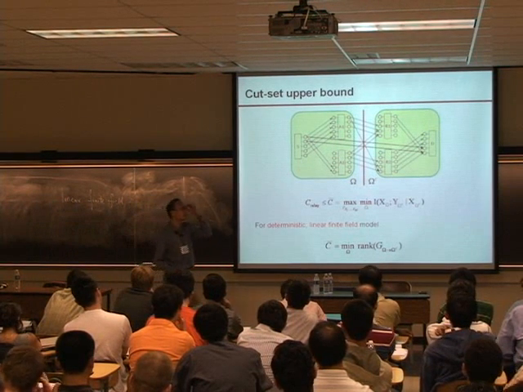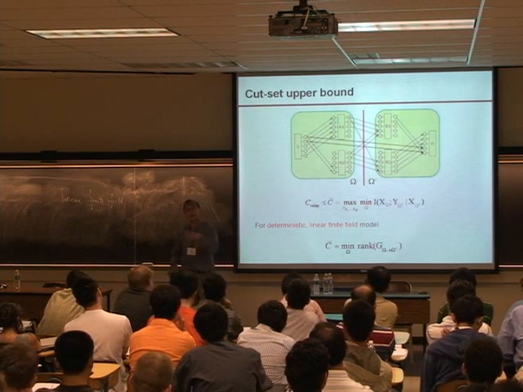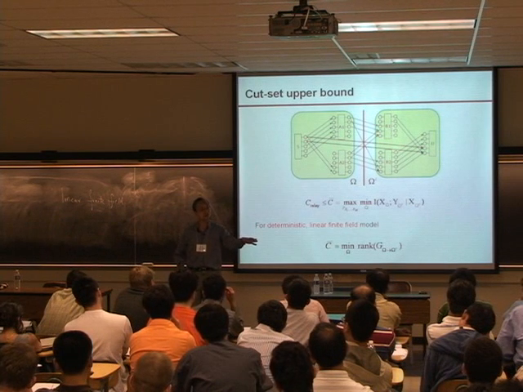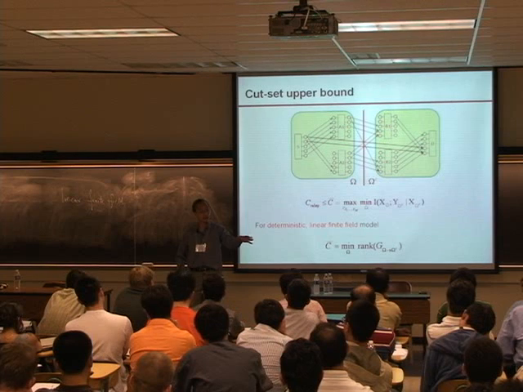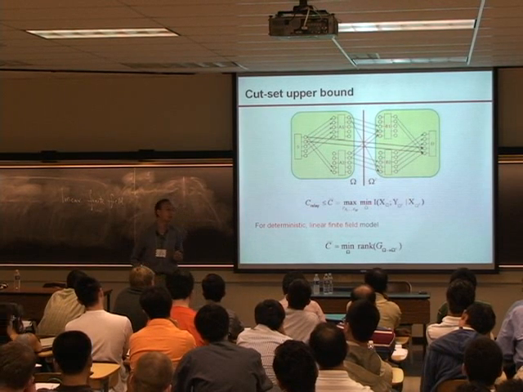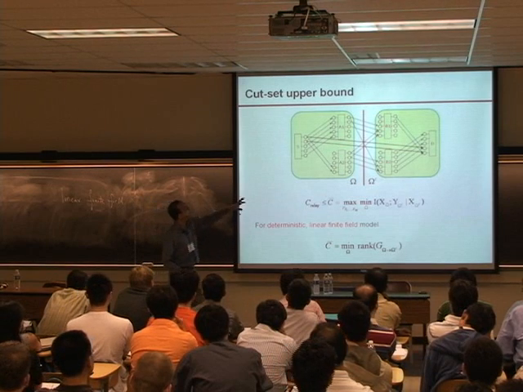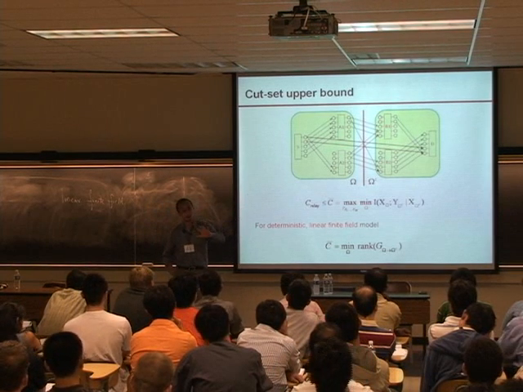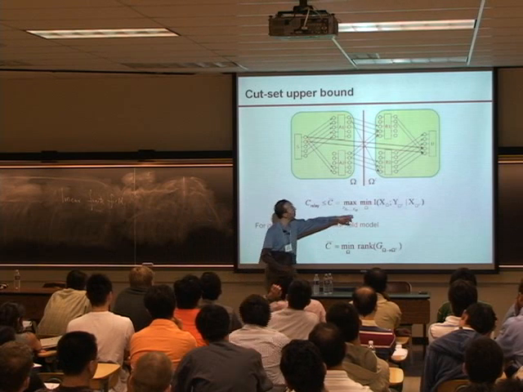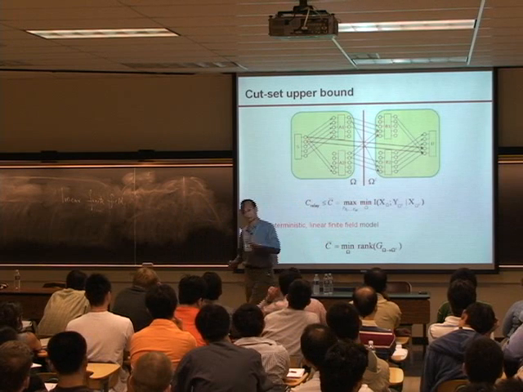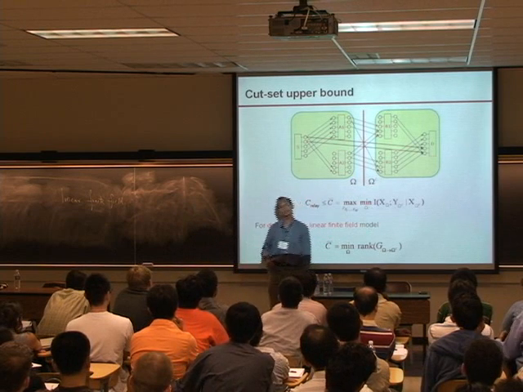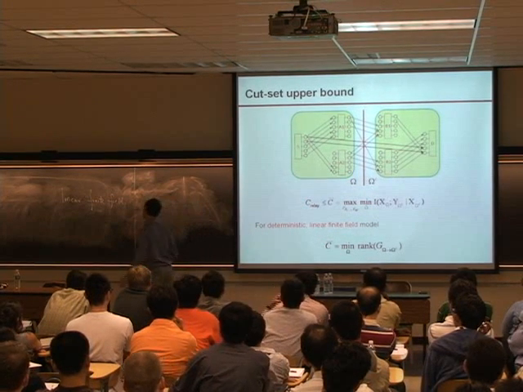So this is essentially a very similar reason why in the Avestimehr and Costa deterministic channel, when I apply it to the deterministic finite field channel that we have, we can compute the capacity very explicitly. It is because we're dealing with a finite field, and since we're dealing with a deterministic channel, the mutual information here is actually equal to what?